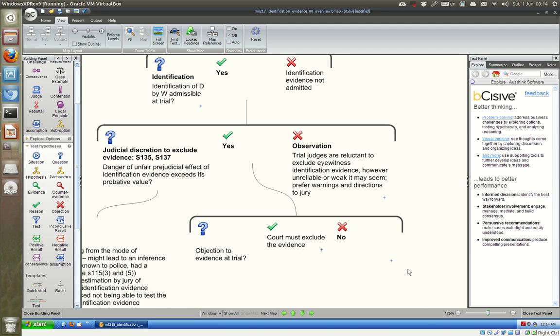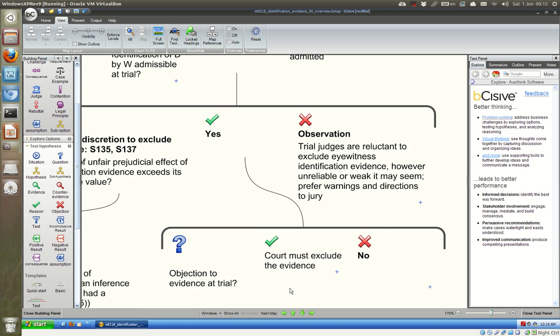Now, let's just follow through with this notion of judicial discretion to exclude evidence. If we are looking at eyewitness evidence or any other kind of identification evidence that might seem to trigger sections 135 and 137, the first question to ask is whether there is an objection to the evidence by either party at the trial.